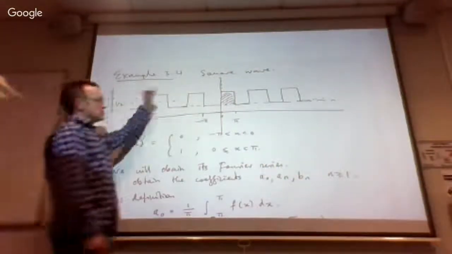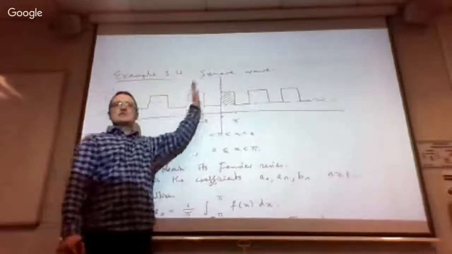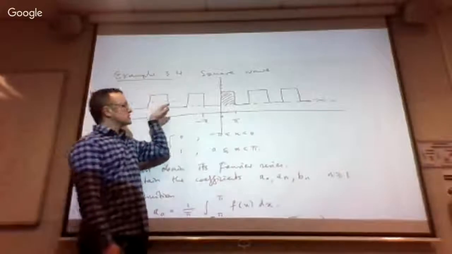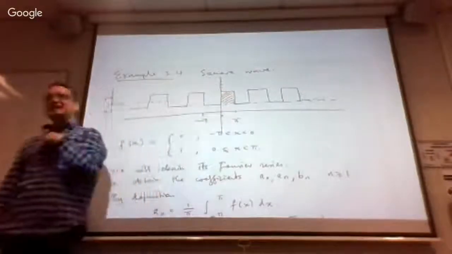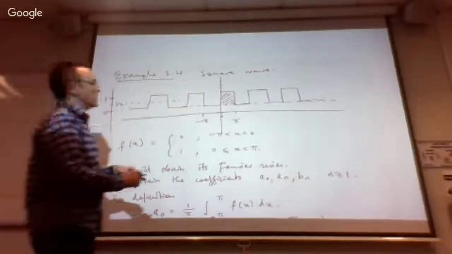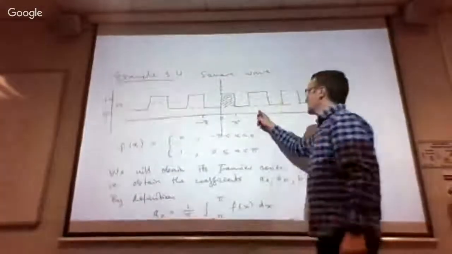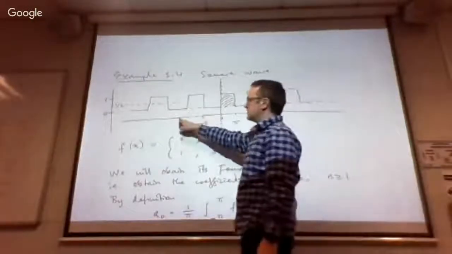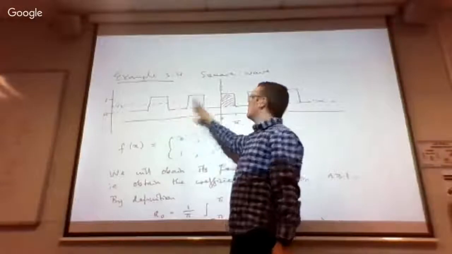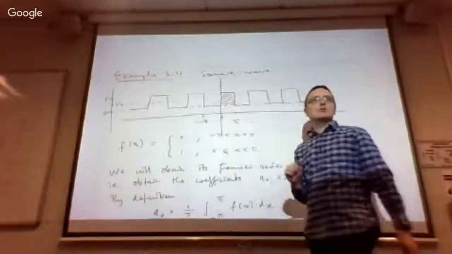The cosine functions are all exactly symmetric under reflection in the axis. But the square wave function we're looking at is often called anti-symmetric. A symmetric function is one where, when you look at a positive argument and the same negative argument, it takes the same value. That would be a symmetric function under reflection in the y-axis.